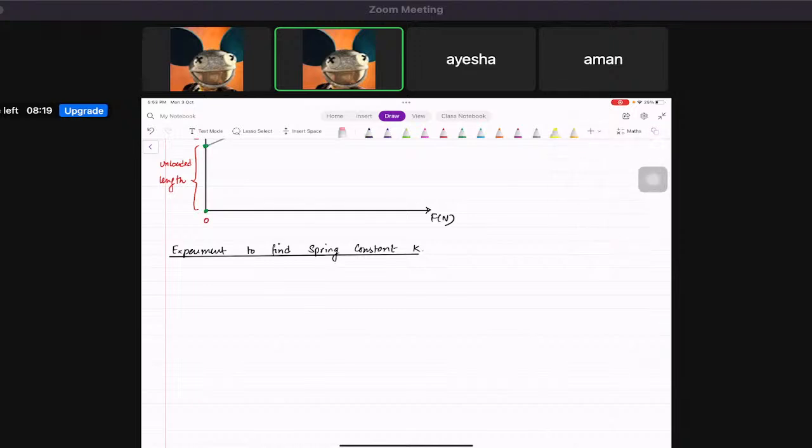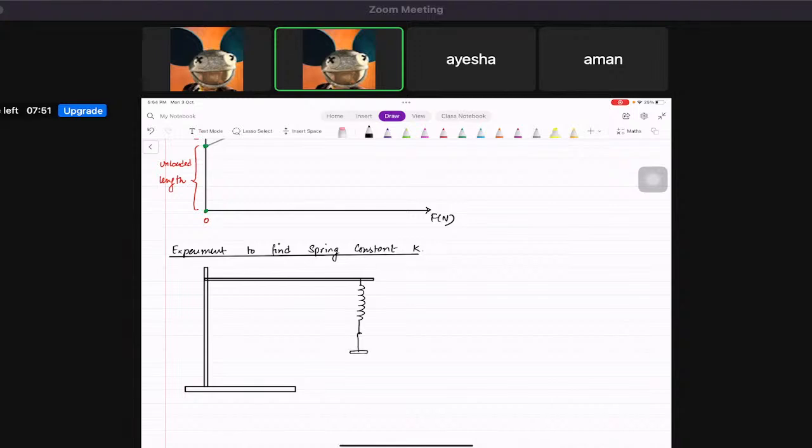So what we want is a stand. On that stand, we gotta of course hang a spring, and then underneath this we need a mass hanger. I'm gonna label this too.